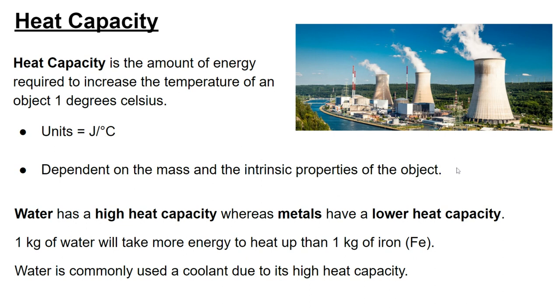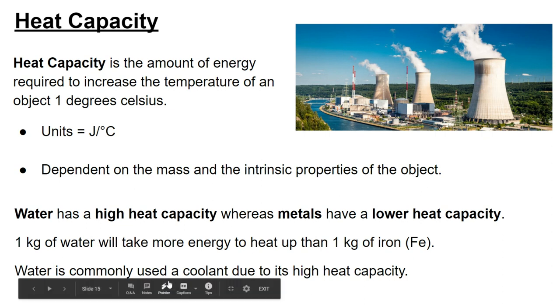Because water has a high heat capacity, it acts as a very good coolant. So if your computer chip, your motherboard, is getting really hot, you will use water to absorb the extra heat rather than metal, because water is an effective coolant due to its high heat capacity, as it is used next to the nuclear reactor.